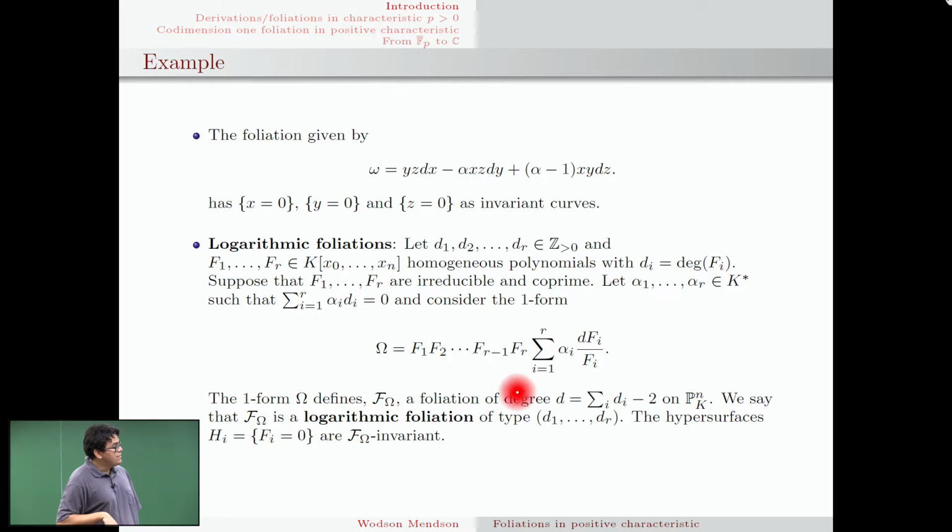You can check that this defines a foliation on P^n of this degree. And this is called the logarithmic foliation of type D_1 to D_r. And you can check that these hypersurfaces are invariant by the foliation.